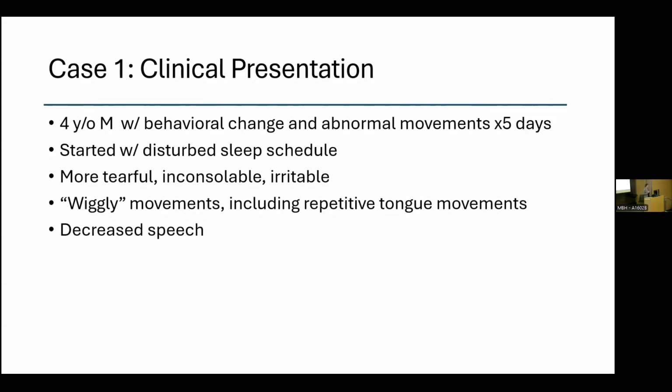Then he developed what Mom described as wiggly movements of the arms and the legs, and then she noticed some abnormal mouth movements, like tongue thrusting and lip smacking, that she thought was really odd. Then his speech started to decline and he stopped talking, which really prompted her to get him evaluated in our ER.